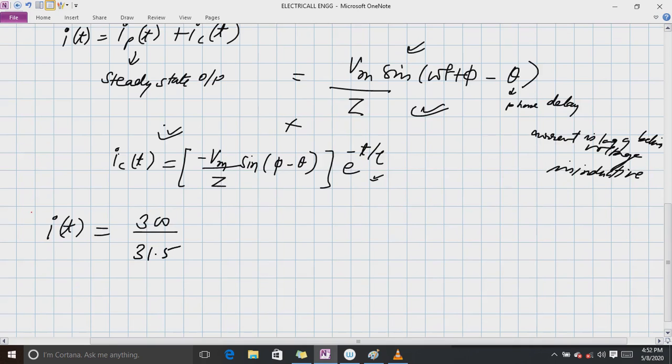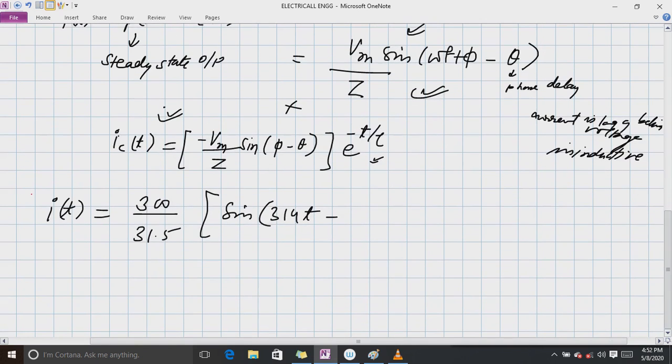Then I bring a bracket, sin(omega t). Omega is 314, as I told you, so 314 t. The value of phi is 0, so I will not write it. The value of theta, we just found out, is 85.45 degrees. So this is theta. And then minus sin, again phi is 0, minus 85.45 degrees.